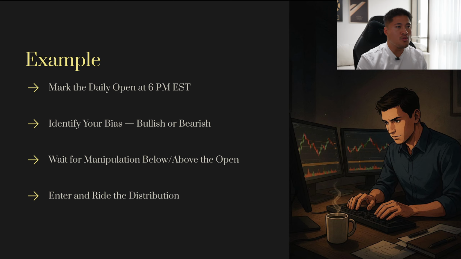You simply have a look at the previous closed daily candle. Was it bullish or bearish? That's your bias. Then you wait for manipulation below or above the open. If the previous day was bullish, you wait for a manipulation below the open of the previous bullish candle. If your bias is bearish, you wait for a manipulation above the open of the previous bearish daily candle.